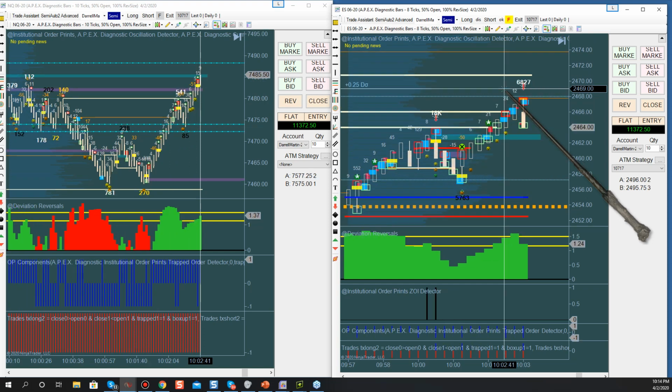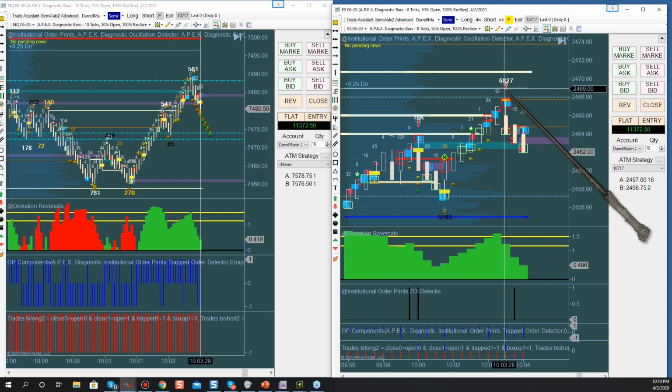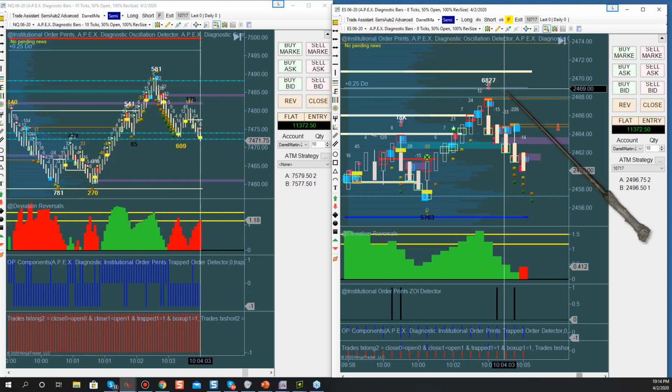Now we got a short right off of an ES wall with a big OD. Boom. Where do you think we're probably going? We're going all the way down to the NQ walls on that big OD.